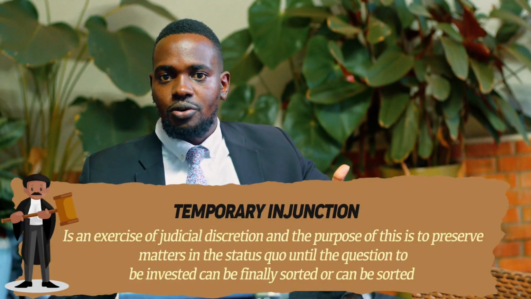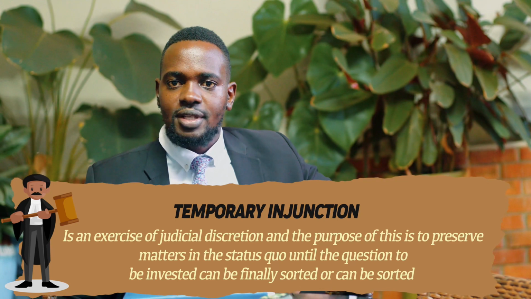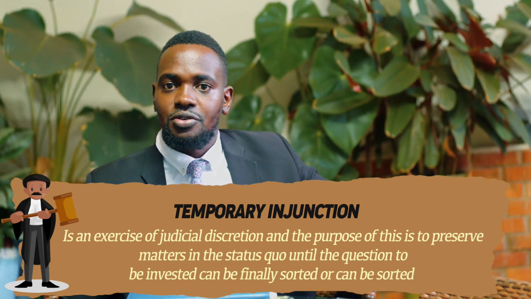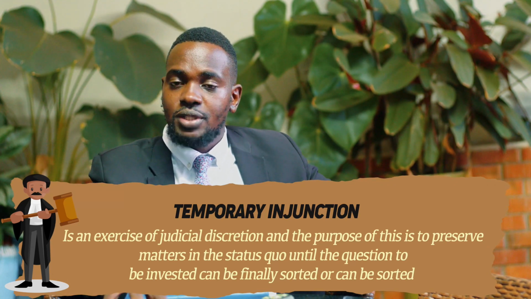A temporary one comes in where you find that this person is constructing on a road reserve. You run to the High Court of Masaka and say, you know what, Mr. Musa is constructing on this road reserve. I think we need to put an injunction to stop him from further constructing on that road. So that's a temporary injunction.